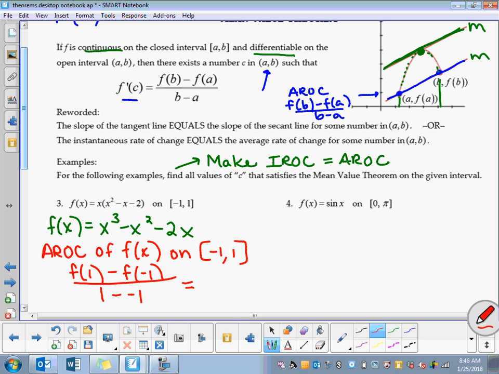So take a little arithmetic break here. f of 1 is going to give me -2. f of -1 is going to give me 0. And so my average rate of change value is -1.